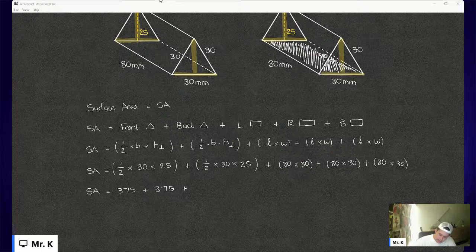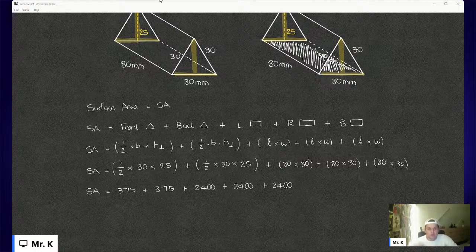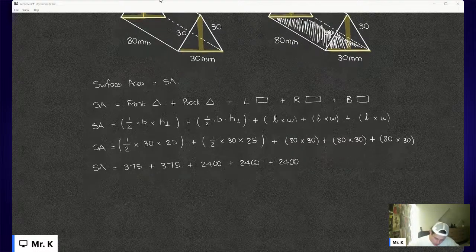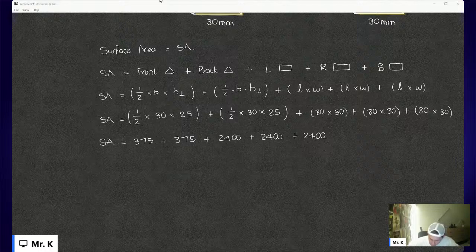Then 80 times 30 for our rectangles is 2,400 each. So we're going to have 3 copies of 2,400 for the 3 rectangles that we were working on. This leaves us in a position to add everything together, grade 7s.